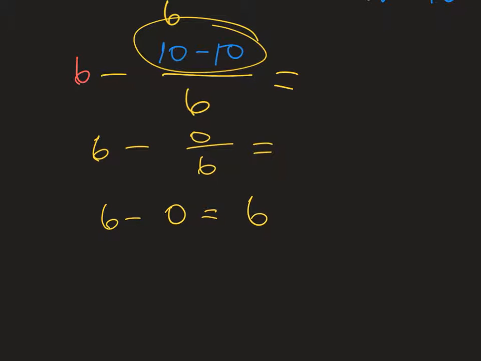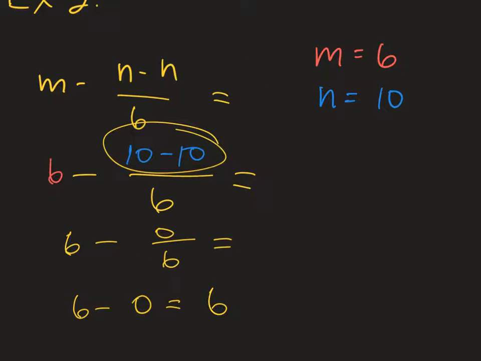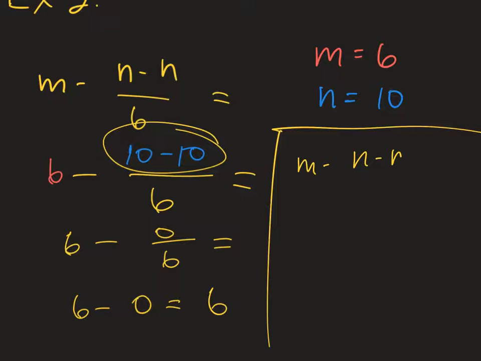So in this problem, you should always understand whatever m is going to be your answer. So if I really wanted to rewrite this in a higher learning way, m minus n over 6 is going to equal, this is just a side note, you don't really have to do this, just something to talk about. m minus n is going to be m minus 0 over 6, which is equal to some unknown.